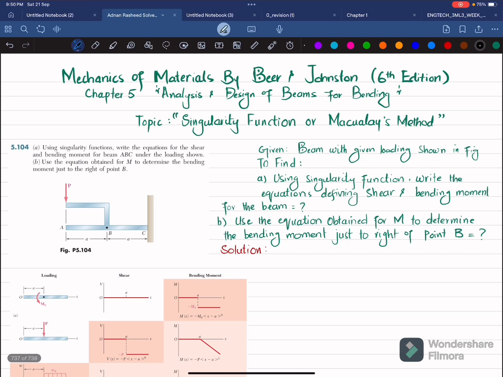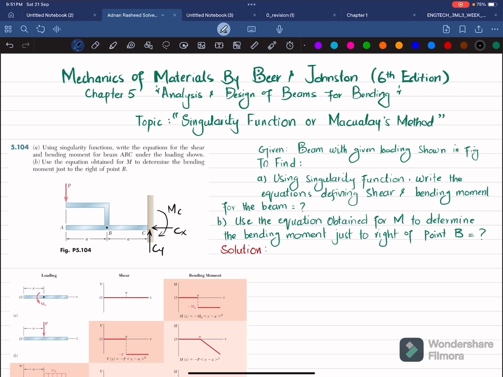So if you remove this fixed support at point C, you will have a reaction force CY, a horizontal reaction force CX, and a moment about point C which is equal to MC.